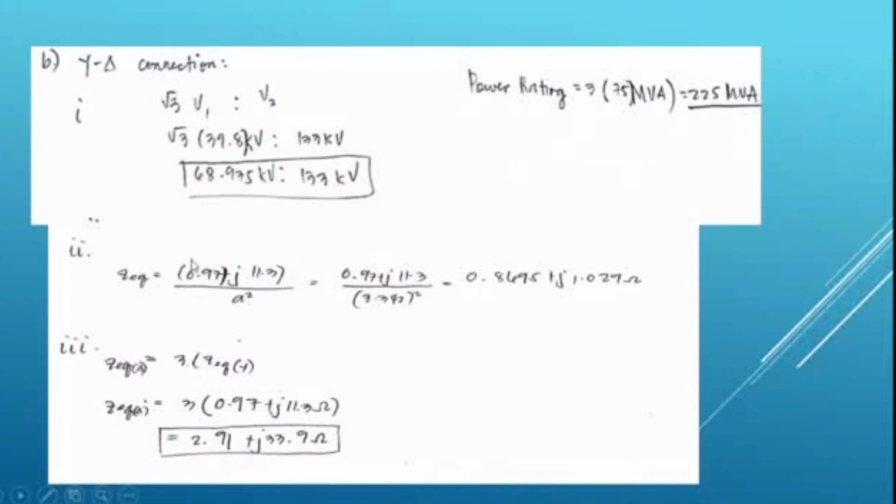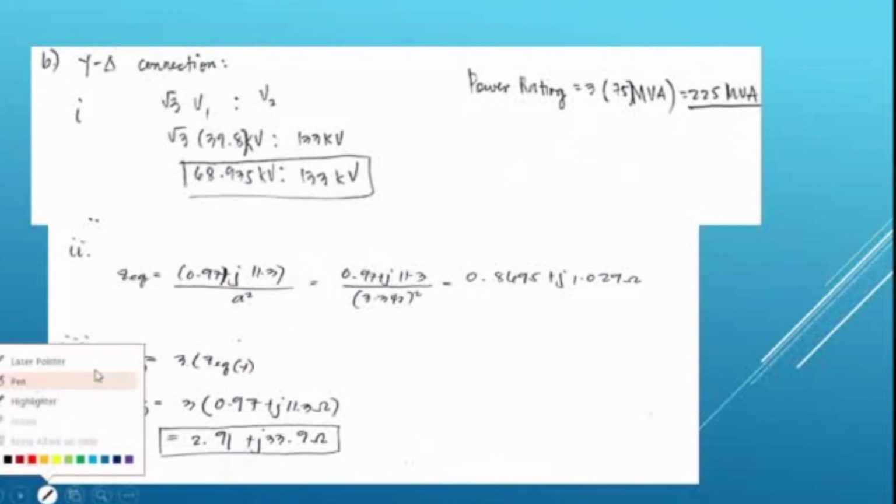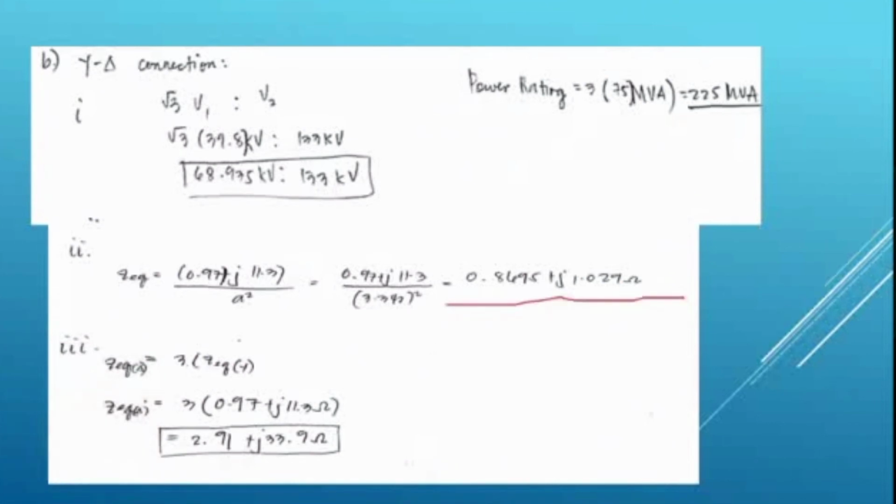So Z equivalent is equal to 0.97 plus j11.3 over a squared, which is the transformer ratio. So we get a value of 0.8695 plus j1.79 ohms for the equivalent impedance referred to the low voltage terminals.